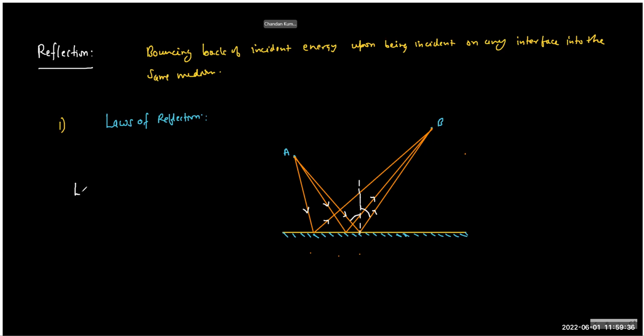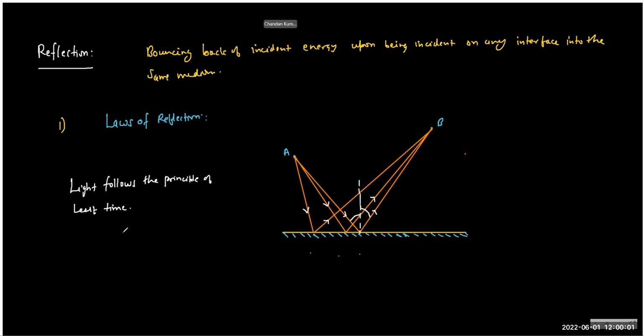So light follows the principle of least time. It always goes in the least possible time.